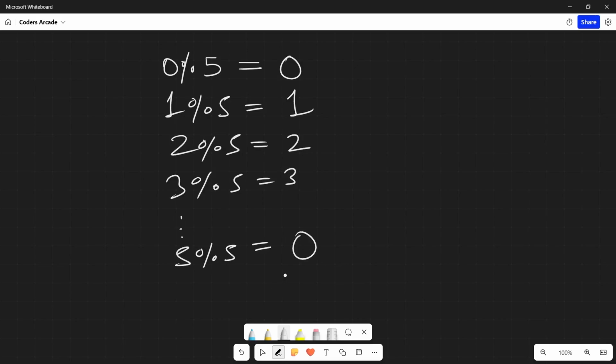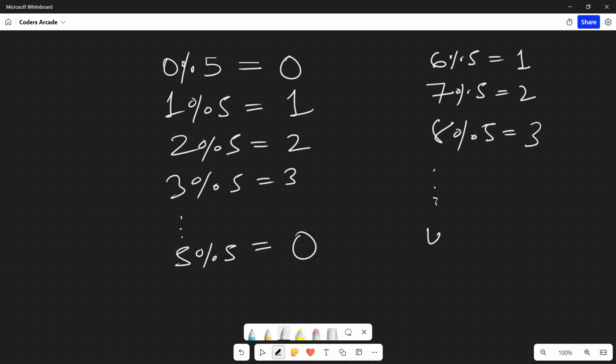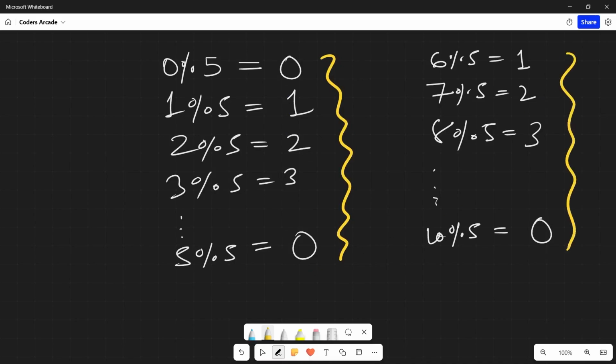Correct? No remainder, ultimately 0. And then if I write 6 modulus of 5, what is the answer? 1. Again, 7 mod 5 will give you 2. 8 mod 5 will give you 3. Correct? And going on, 10 modulus of 5 gives 0 as the answer, because 10 is directly divisible by 5. There is no remainder. So if you observe, a cycle is getting repeated: 0, 1, 2, 3, 4, 0, again 1, 2, 3, 4, 0. Understood? So what is this actually?